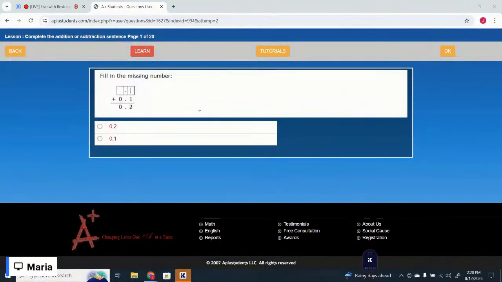Okay, fill in the missing number. 0.1 plus the missing number equals 0.2. So we need to find the missing number. We need to subtract the given number out of the sum. 0.2 is the sum.